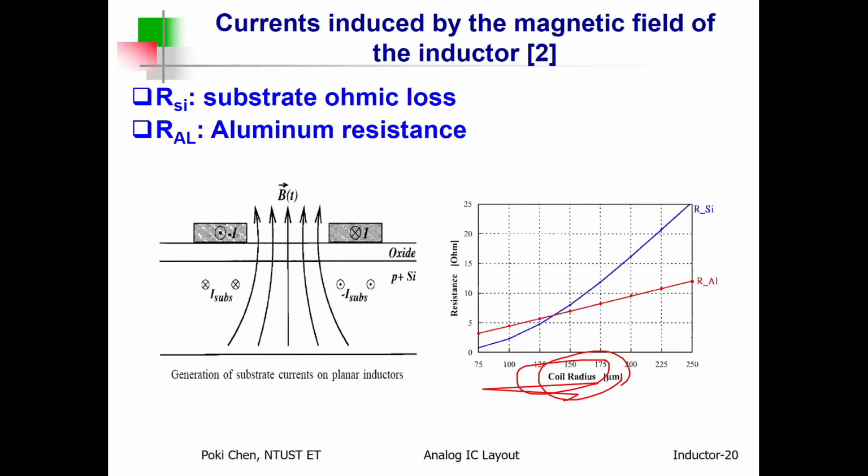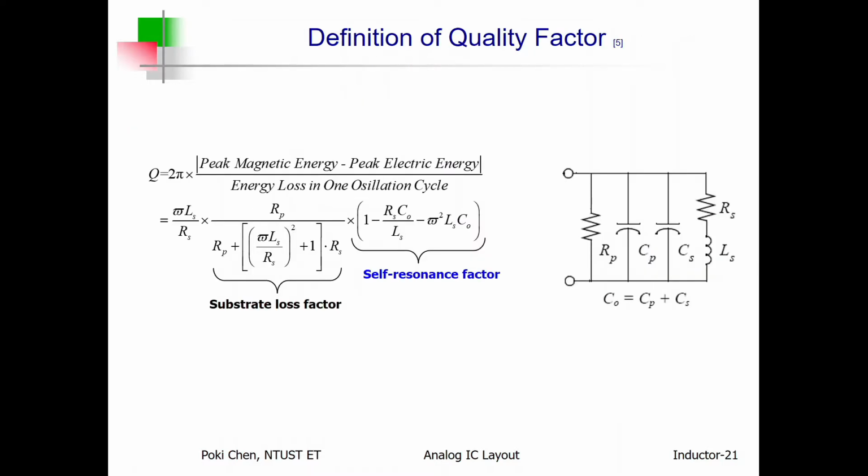Later I will show you one of the papers on how to fine tune the coil radius. Then consider both impacts. This is for metal loss, that is for substrate loss. You need to consider both to get the best performance, I mean to get the maximum Q.